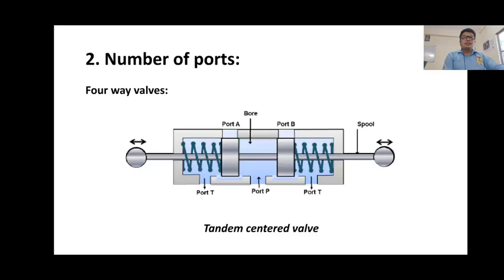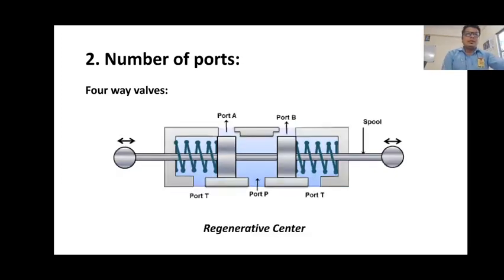The regenerative center is another important type that you can see from the figure, and it is also used in hydraulic circuits. Regenerative means the flow is generated from the system itself. Regenerative center is used when the actuator movement in one direction requires two different speeds.